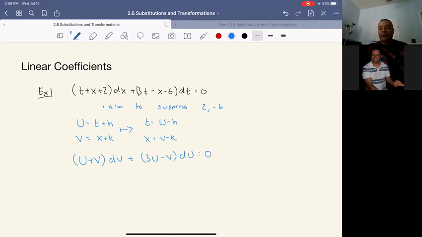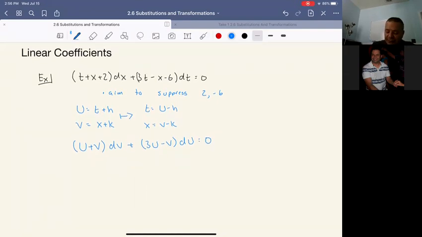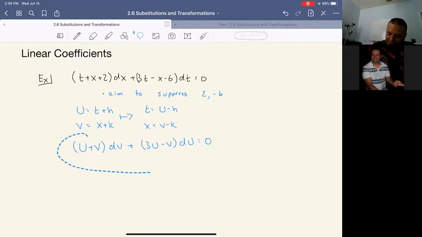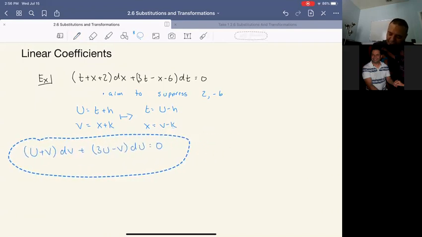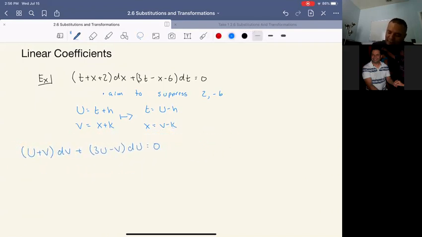Okay, so now let's go ahead and find h and k first, but then we'll solve this later. So we'll put this to the side.